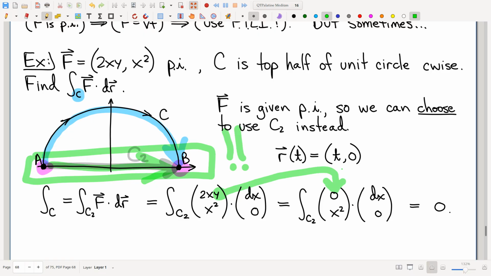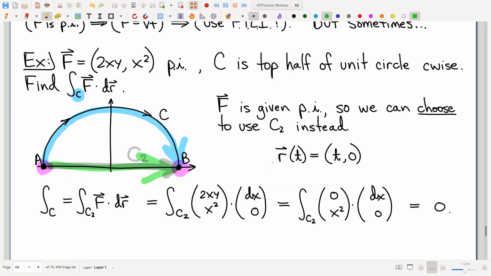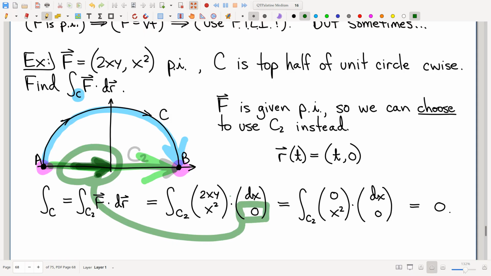Simplifies your vector field very nicely. Another quickie observation that I think is a good time to observe: as I move along that curve, y doesn't change. And namely, dy is 0.